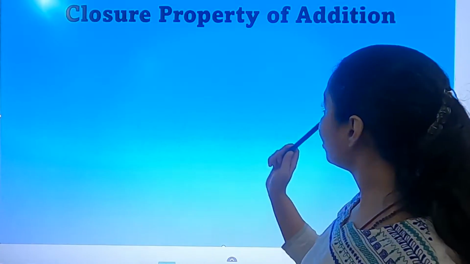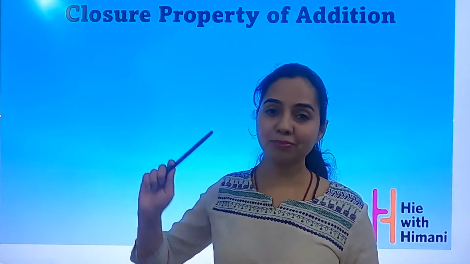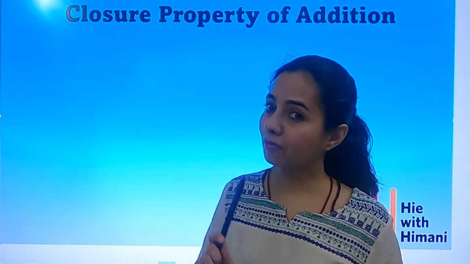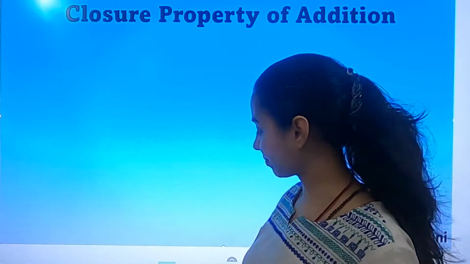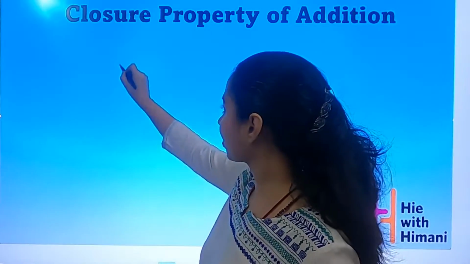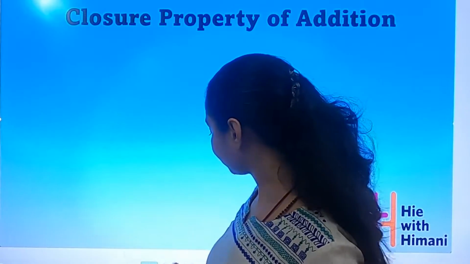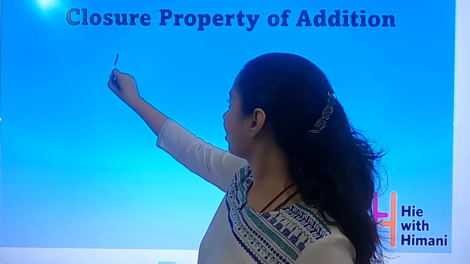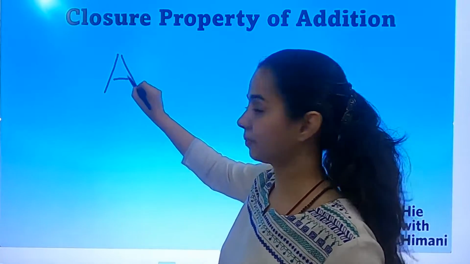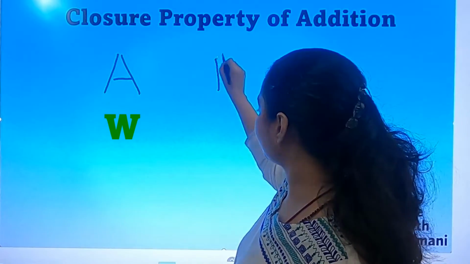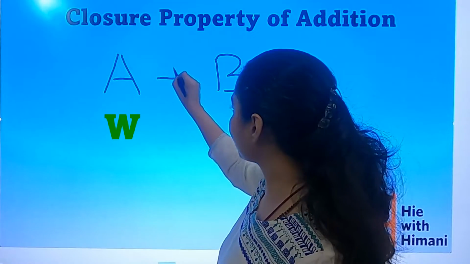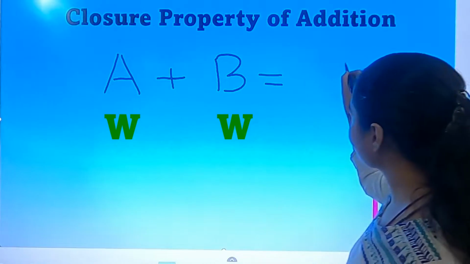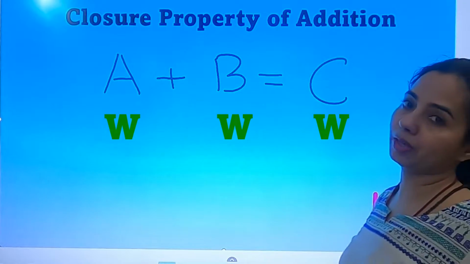Let's see this. So we'll first do the closure property of addition. What does it say? It says that if A is a whole number, B is also a whole number, then A plus B, that is C, will also be a whole number.